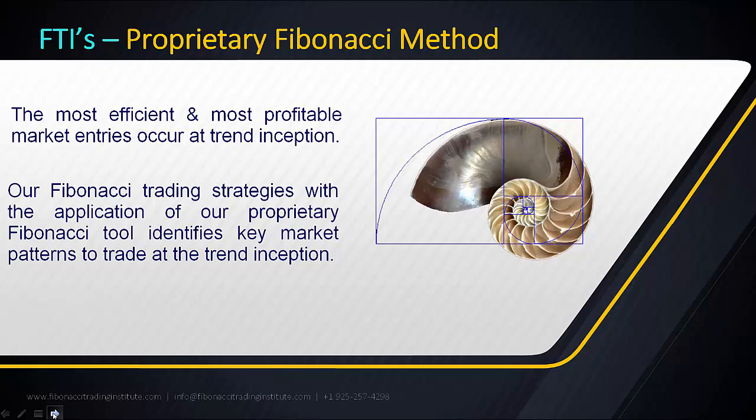The most efficient and most profitable market entries occur at trend inception. The power of the method lies in Fibonacci trading strategies with the application of a proprietary Fibonacci tool that identifies key market patterns to trade at trend inception.